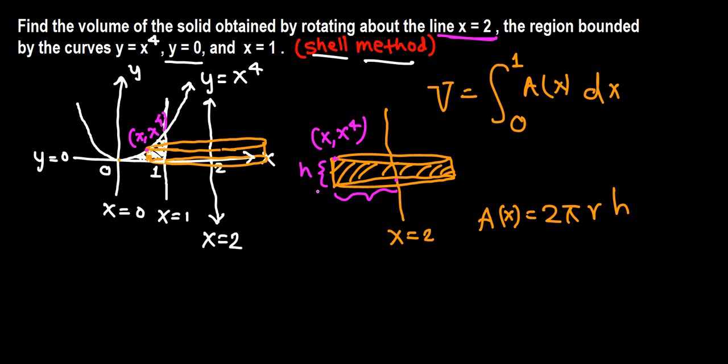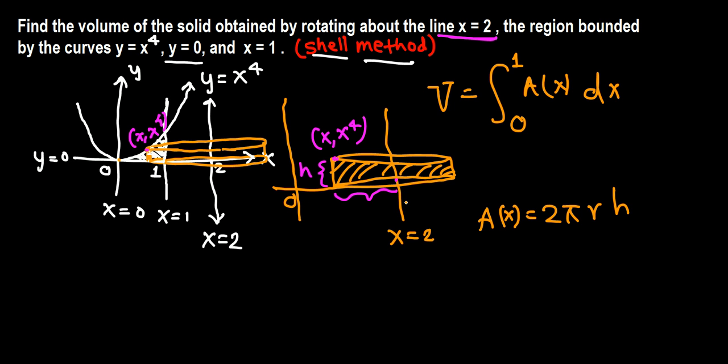Our origin is somewhere here on this cylinder. I'm just matching with the original graph. Now from here to here, this distance is 2, because the axis of rotation is 2.